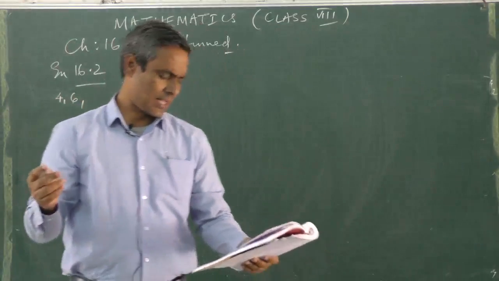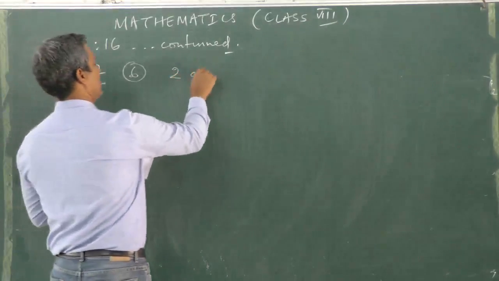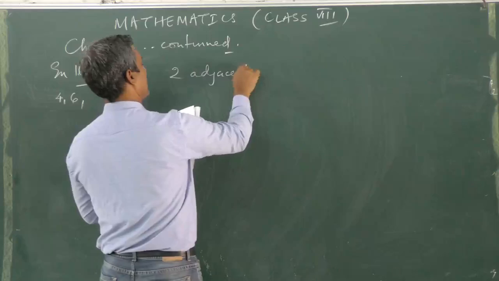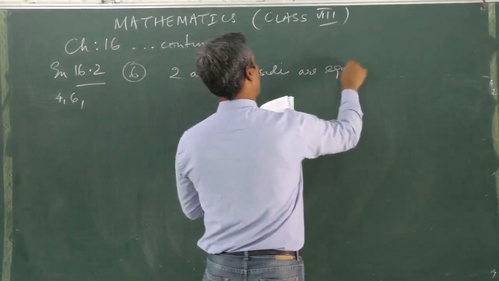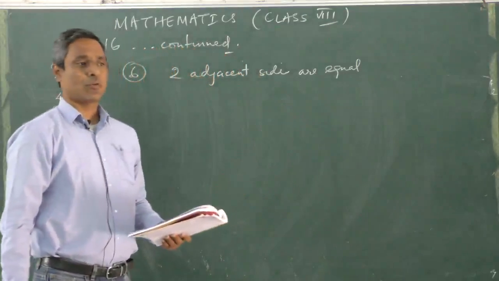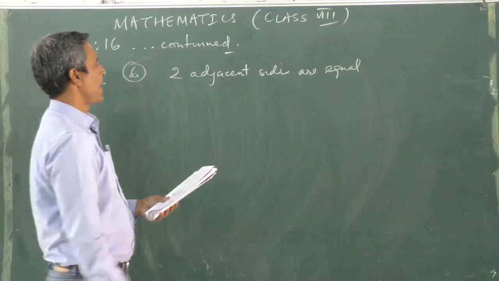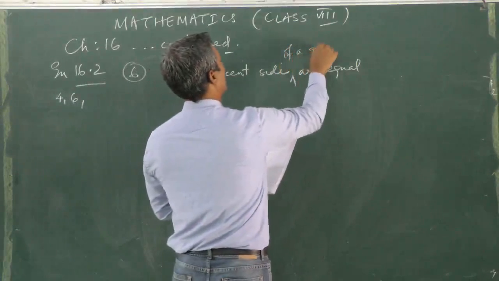What does question 6 say? Two adjacent sides of a quadrilateral are equal. I want to write it down because I want to show you something. The question is asking you, what type of quadrilateral is this?